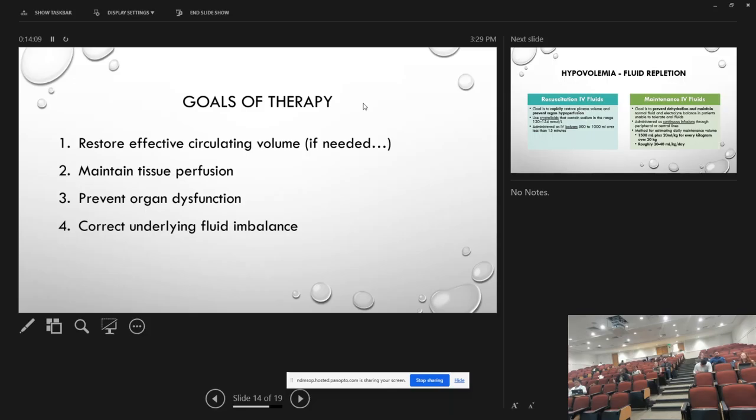So your kidneys are somewhat expendable, unfortunately. So you want to certainly prevent any organ dysfunction, but one of the first signs would be either CNS changes or changes in renal function. And then correct the underlying cause of the fluid imbalance, right? So you want to identify the cause and then treat that to hopefully treat the volume disorder.